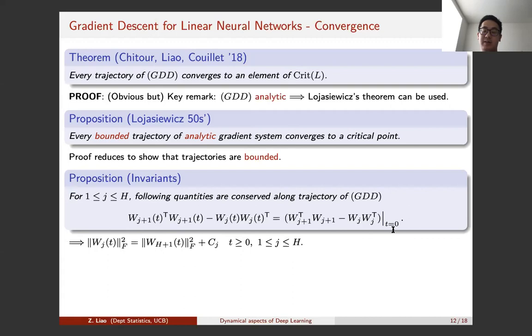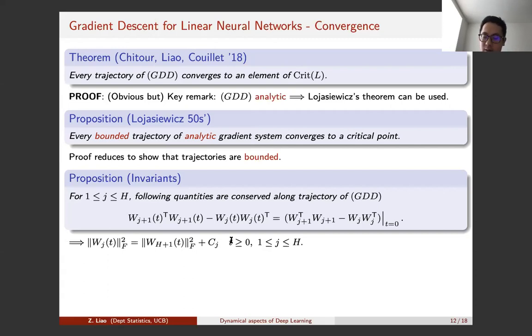And as a consequence of this invariant structure, we know that the Frobenius norm of our weight matrix is going to be equal to the Frobenius norm of the weight matrix of the last layer, plus some constant that only depends on initialization. So in fact, gradient descent on training a linear neural network preserves many particular structures of the neural network. So there are many invariant structures in this dynamic gradient system.